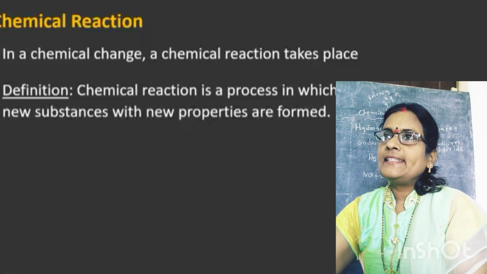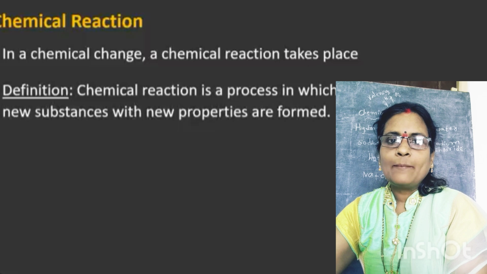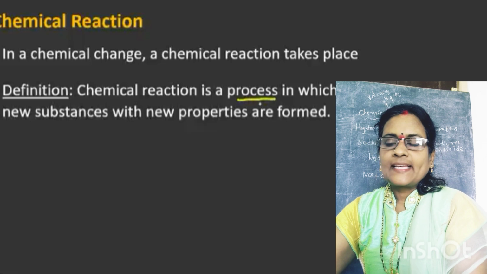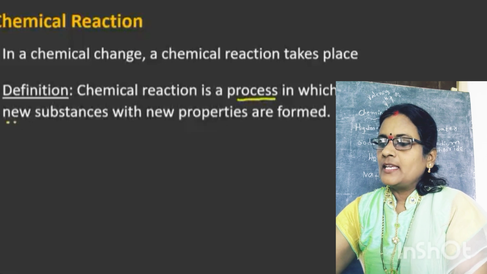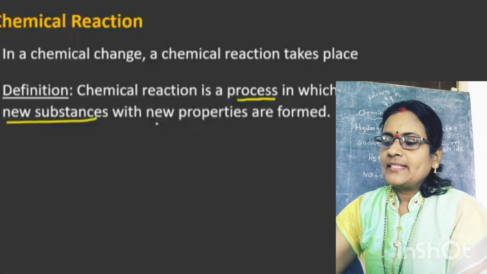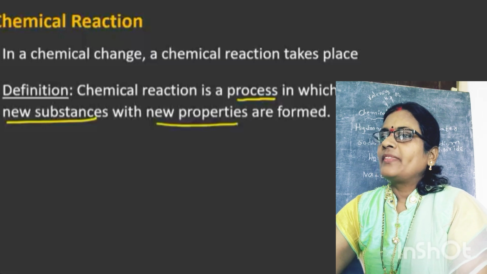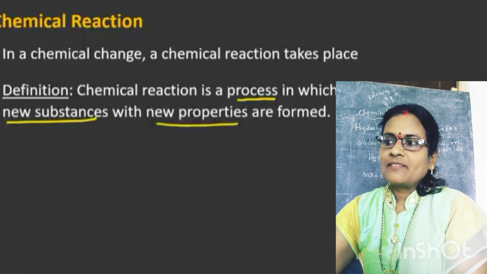Right. In this video, our focus will be on chemical changes. What is a chemical reaction? As you may know, in a chemical change, a chemical reaction takes place. So, whenever there is a chemical change, there is a chemical reaction. What is the definition of a chemical reaction?